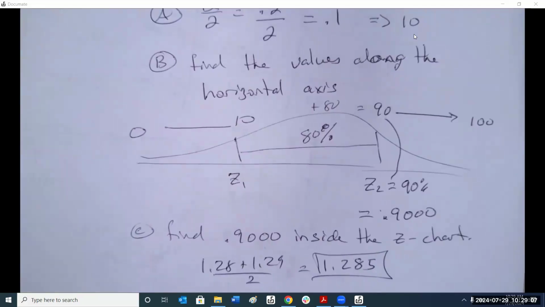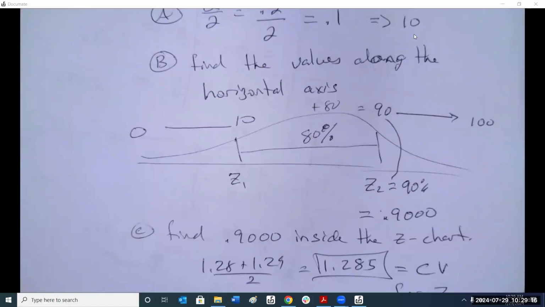That is your critical value for Z equals 80/2, or alpha over 2, which is 0.20/2.